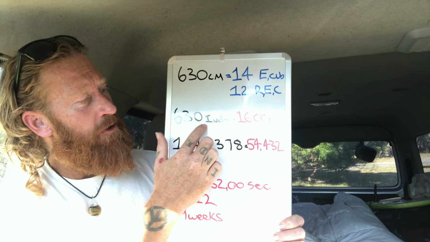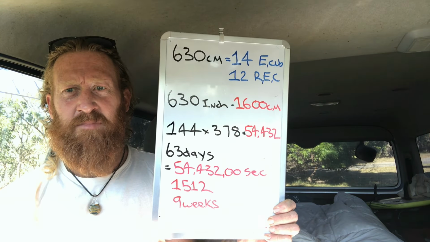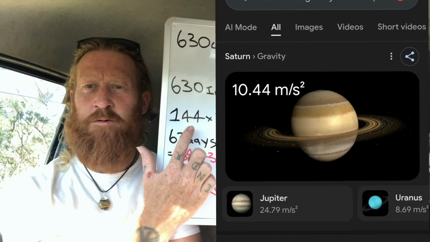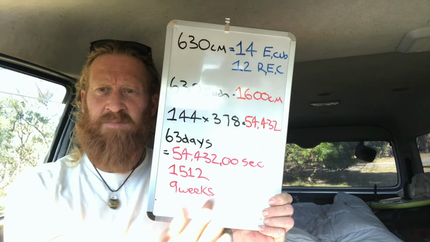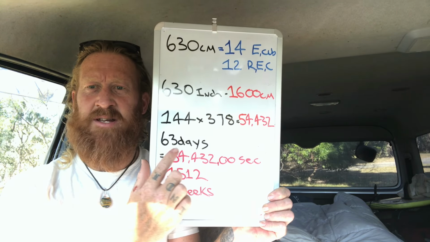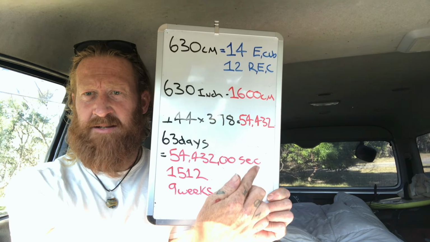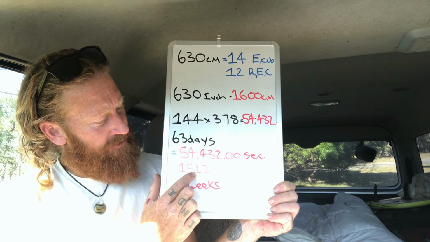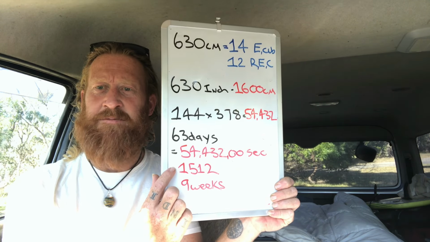So we've got 630 inches, well, that equals 1,600 centimetres. I had a look at 144 times 378, and it was 54,432. I realised that 63 days is 54,432.00 seconds, and 1,512 hours, and that is obviously half the base of the Great Pyramid.